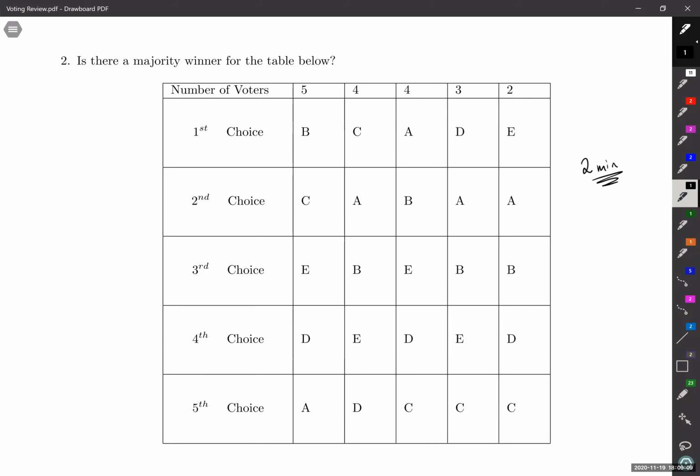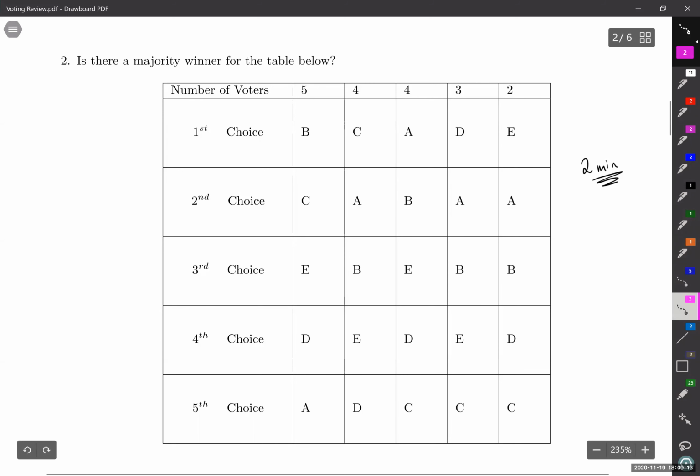So the process for majority is we first need to tally up all of the points. So 5 plus 4 plus 4 plus 3 plus 2 in our calculator. I believe that would give us 18 total votes. And then you want to find out what is 50% of that.